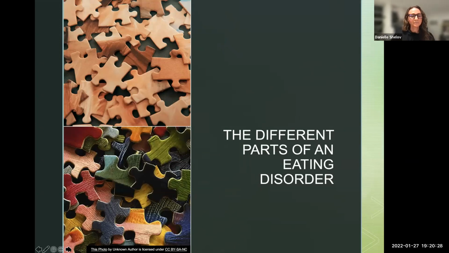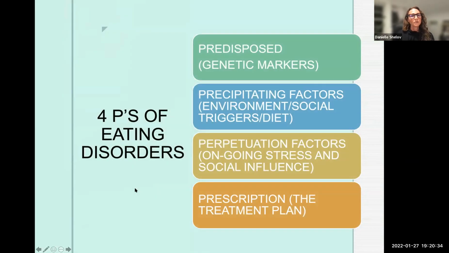All right. So this is when we build into the layers of the eating disorder. In the eating disorder community, we usually talk about the 4 Ps of eating disorders. So the layers are the predisposed, meaning the genetics. Then we'll talk about the precipitating factors, meaning the triggers or the catalysts.